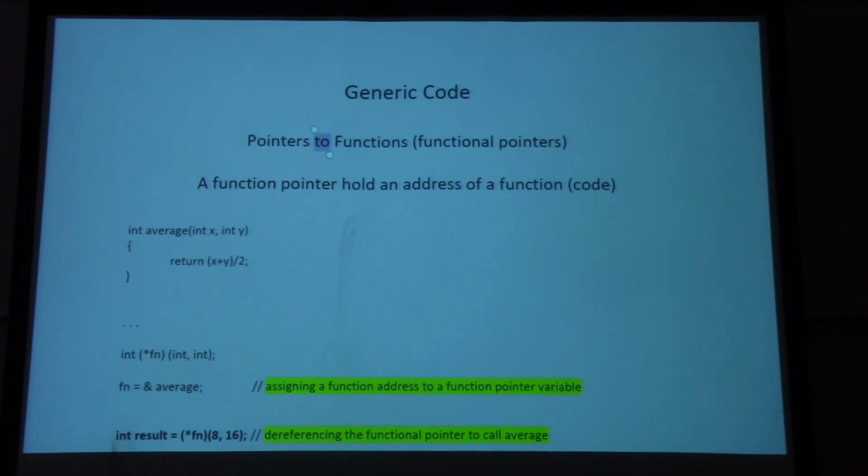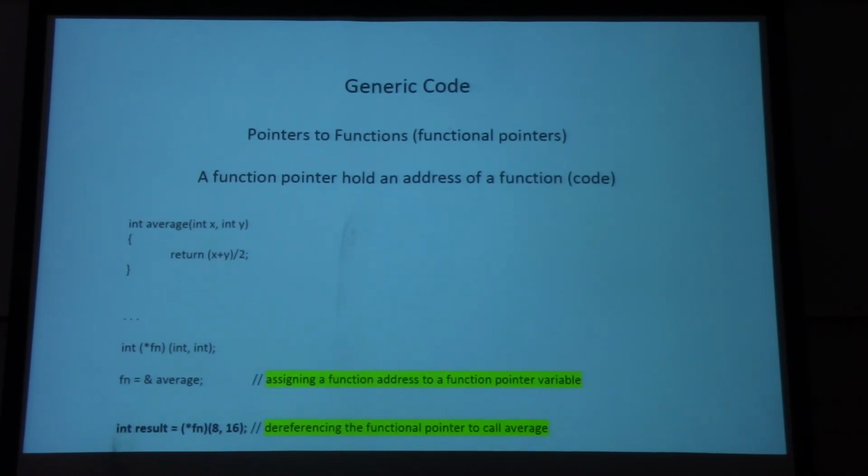Once I assign fn to point at the same code as average, I can then dereference fn, and since fn is a functional pointer, star fn is a function. So now I'm calling the function that fn is pointing at with the values of 8 and 16, and the result gets a value of 12, because it adds 8 and 16 to get 24, divides, and gets 12.